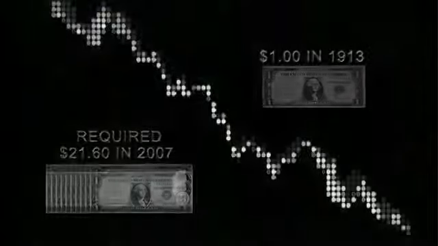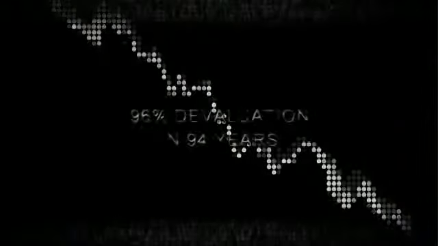That is a 96% devaluation since the Federal Reserve came into existence. Now, if this reality of inherent and perpetual inflation seems absurd and economically self-defeating, hold that thought, for absurdity is an understatement in regard to how our financial system really operates.